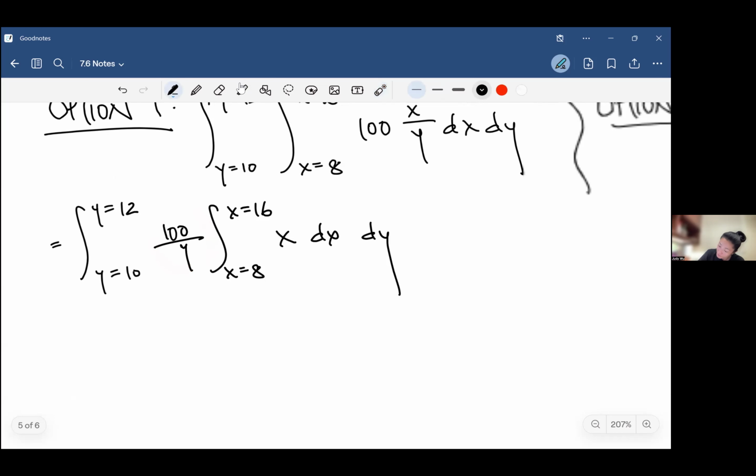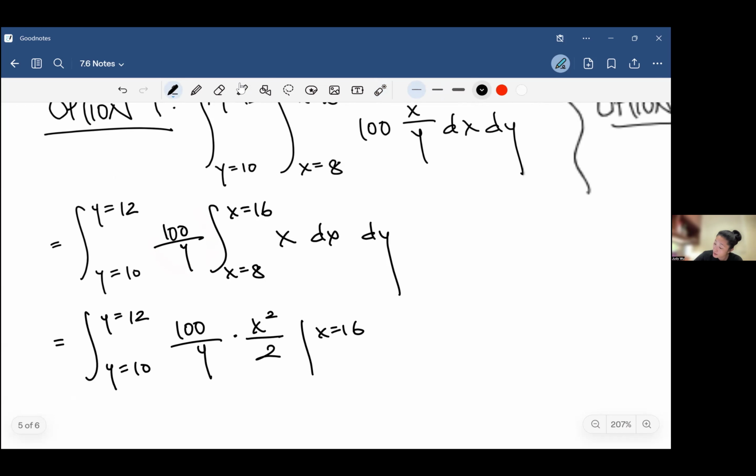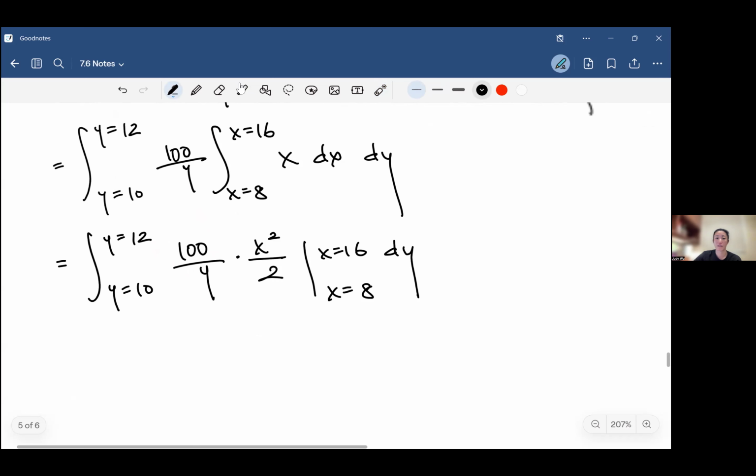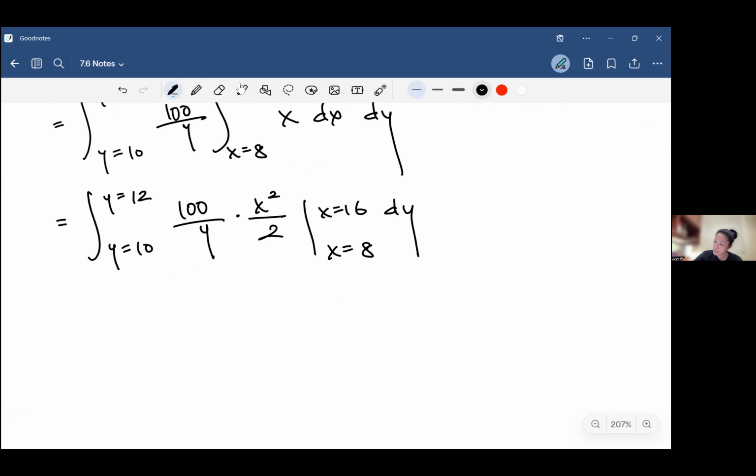Okay. So we have the integral from y equals 10 to y equals 12. We get 100 over y times x squared over 2. I'm going to plug in 16 for x, and I'm going to plug in 8 for x. I'm going to clean this up a little bit before I plug in my numbers. 50 is 100 divided by 2, okay?